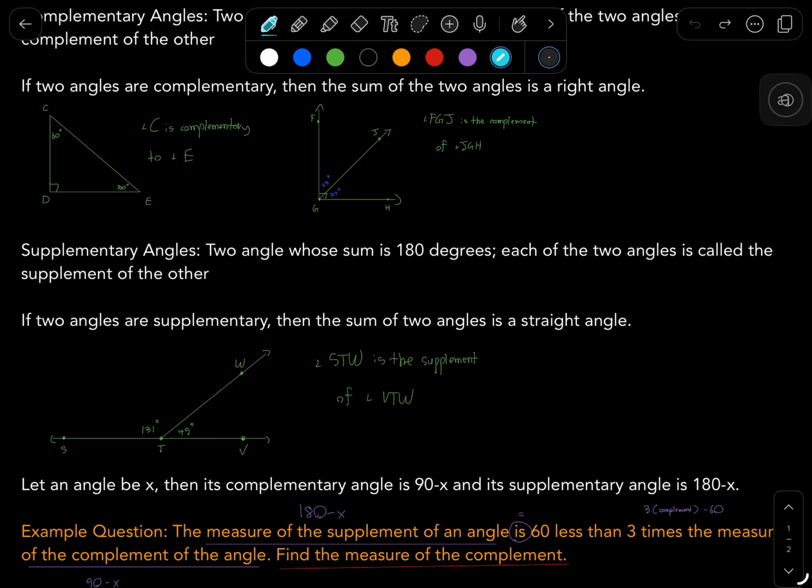Moving on, really similar in logic, are supplementary angles, which are kind of the same thing, but instead of adding to 90 degrees, they add up to 180. So here you have two angles that add up to 180 degrees, and each of those is called a supplement. Same logic, it's just instead of adding to 90, you add up to 180, or a straight angle.